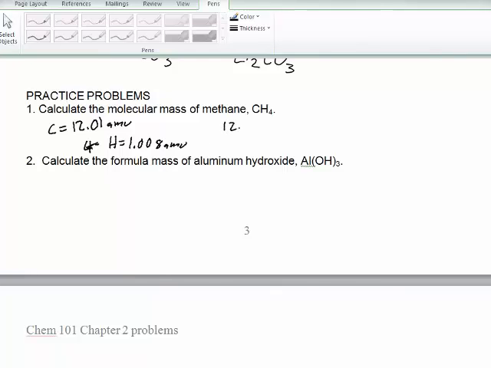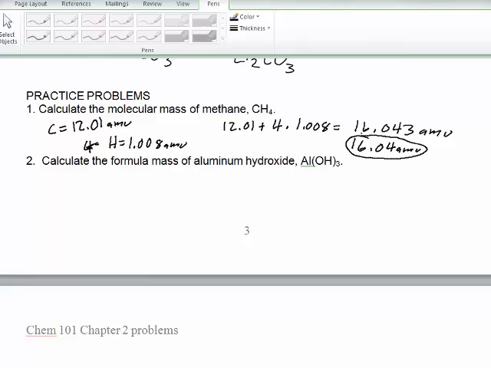We add that together, 12.01 plus 4 times 1.008. Using our calculator, that gives us 16.043 AMU. And now we added them, so we want to have only 2 decimal places in the answer. So 16.04 AMU is the best way to record the answer. And this is the mass of 1 molecule of methane.